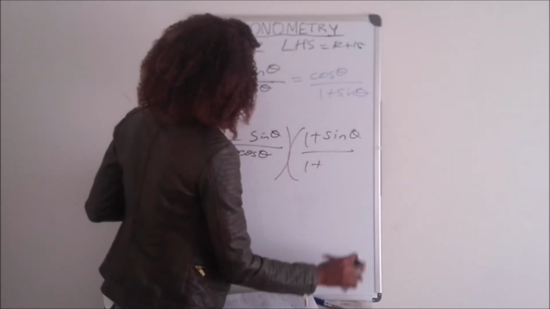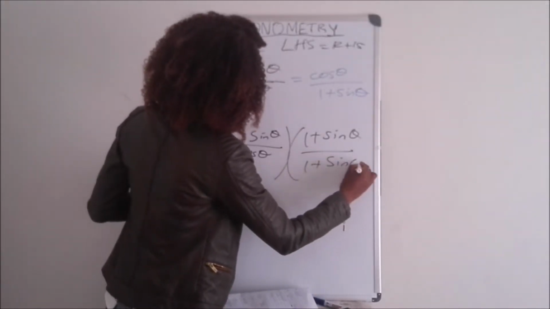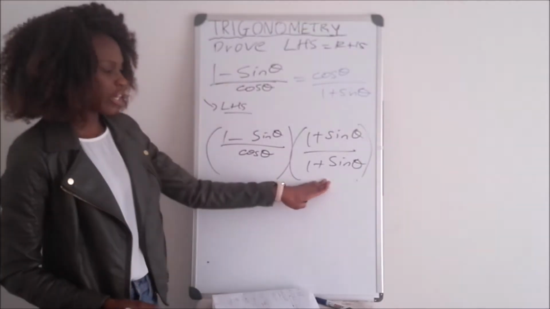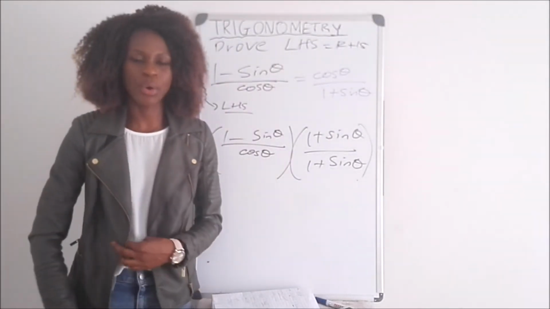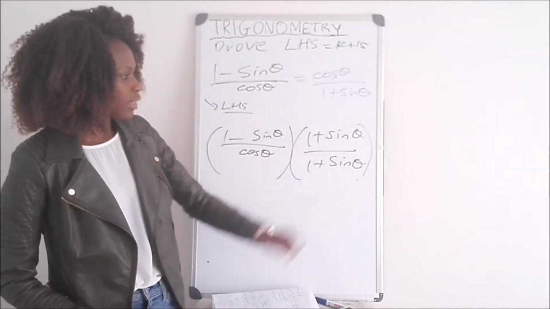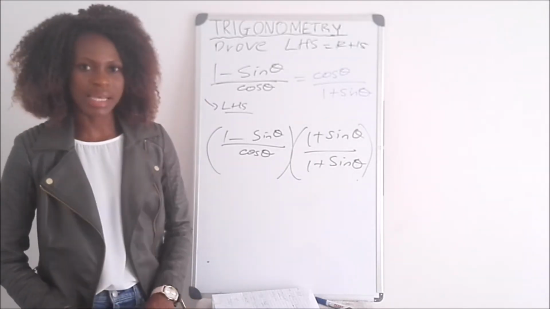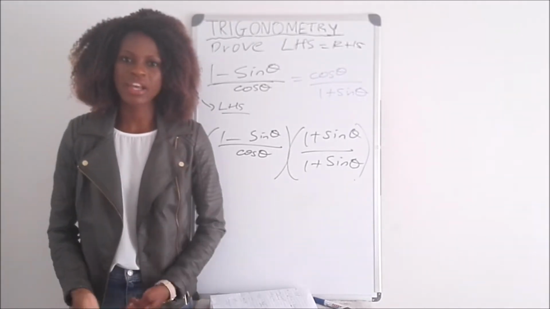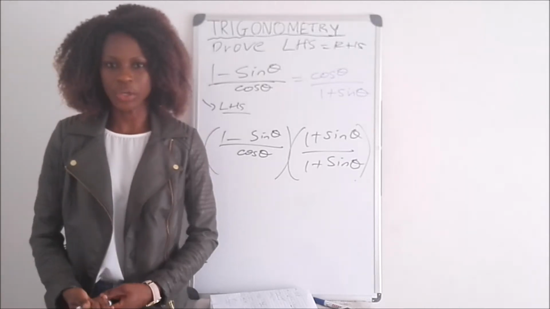We have multiplied the equation with this expression. We didn't change anything in the equation because we have actually multiplied by 1, because 1 plus sine theta divided by 1 plus sine theta is actually equal to 1. So we just multiply the equation by 1, which does not change anything.